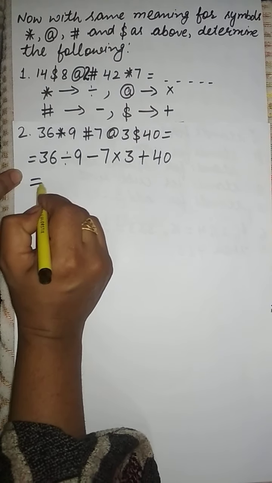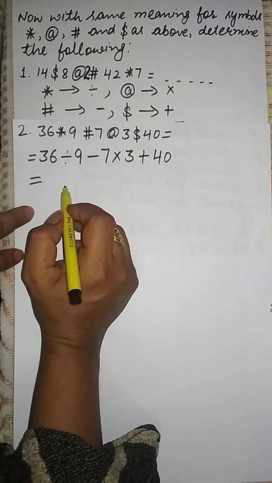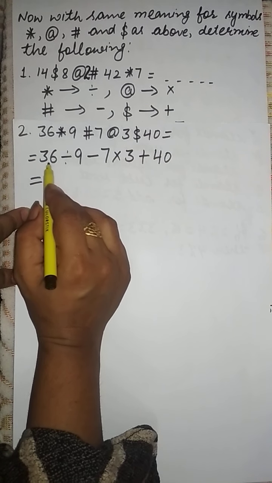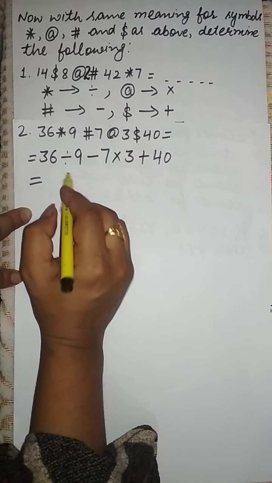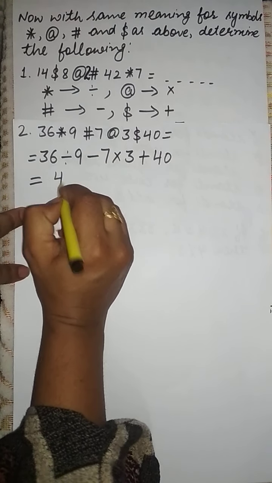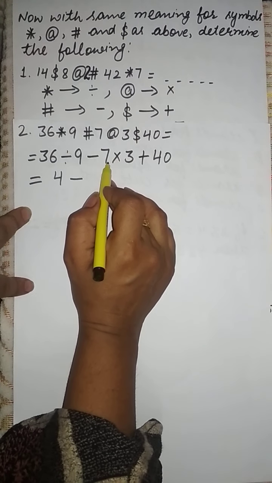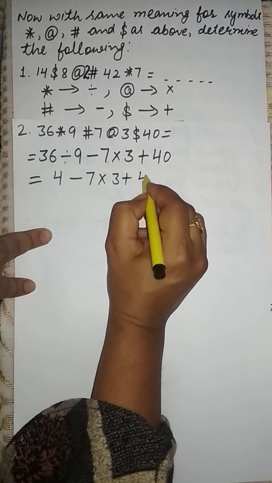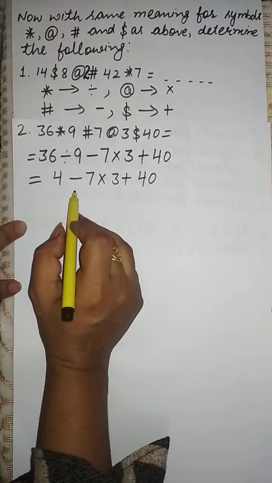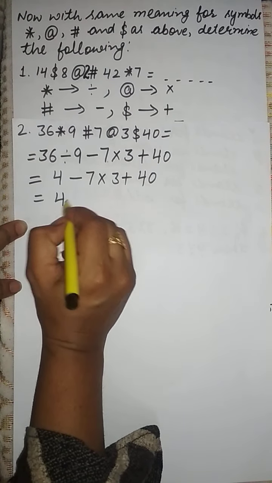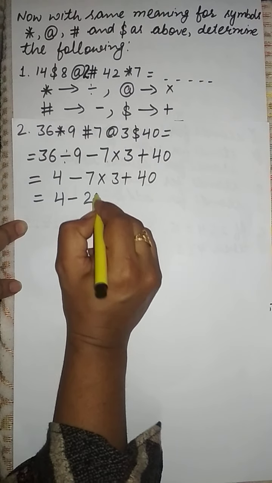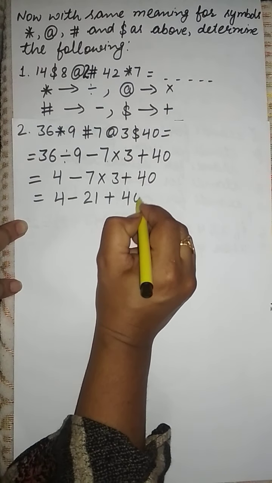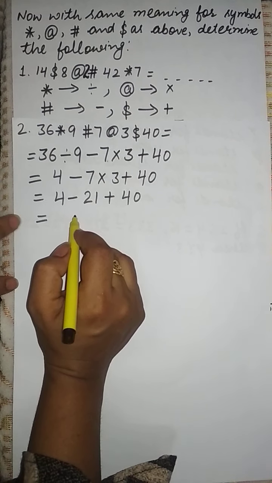Now as we know from the BODMAS order, firstly we are to do the division. So 36 divided by 9 is 4, minus 7 multiplied by 3, plus 40. After division I have to multiply the terms. So 4 minus 7 times 3 is 21, plus 40. After that I have to add the terms.